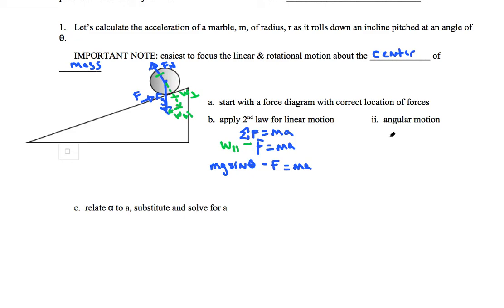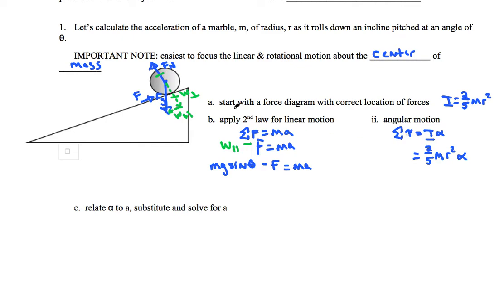Now, in terms of the angular motion, we have the sum of the torques is equal to I alpha, where the moment of inertia for a sphere rolling down an inclined plane, or really any solid sphere, is 2/5 mr squared. So I can substitute that in for my moment of inertia, and you can look at your notes from the other night on angular dynamics to look up the moment of inertia for a sphere, times alpha.